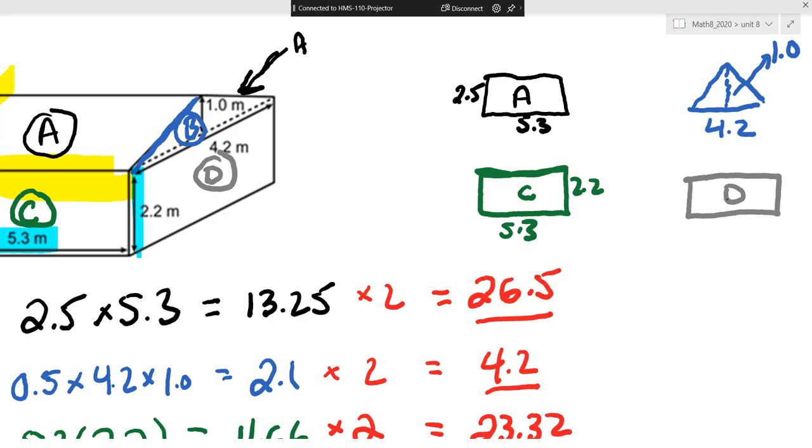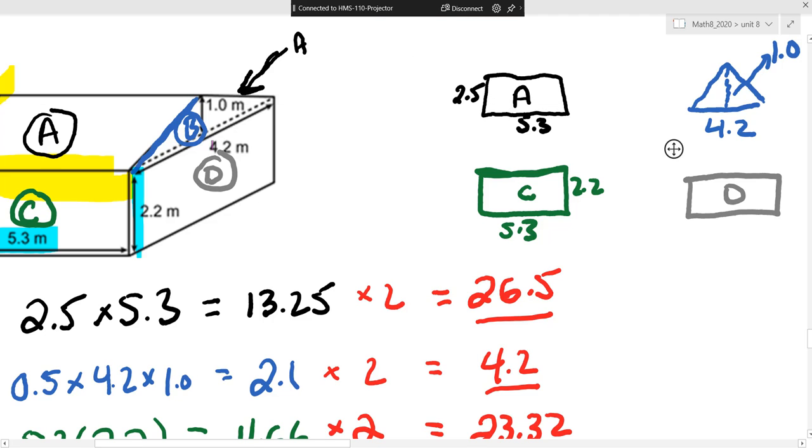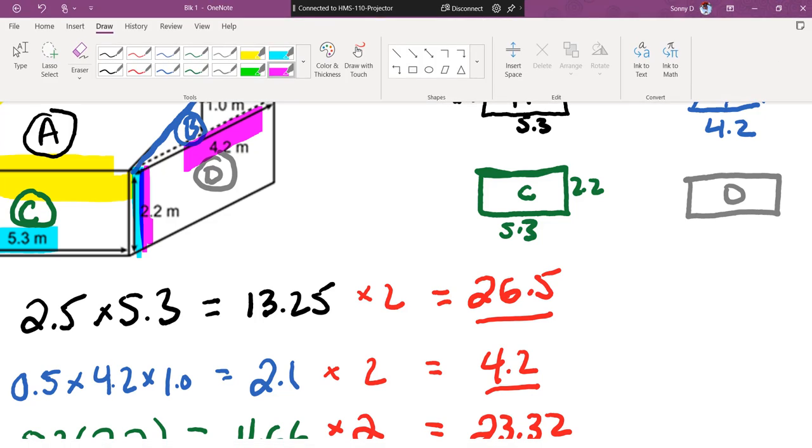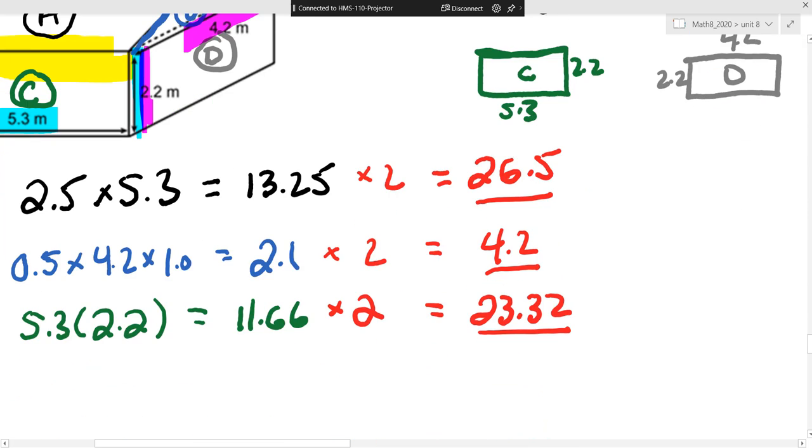It's a rectangle, so we need to know what the length and the width is to do the formula. Mohammed says 4.2 and 2.2, so 4.2 in this direction and 2.2 in this direction.